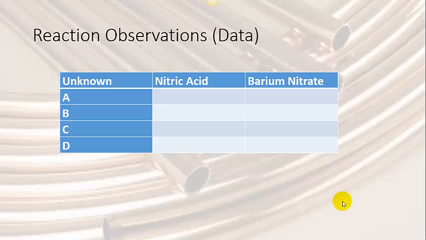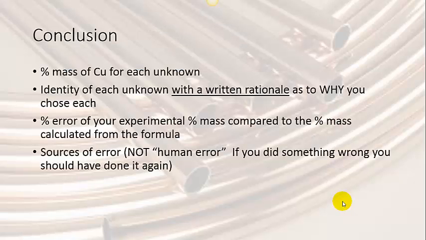You're going to be looking for bubbles and you're going to be looking for precipitates. From those observations, you can then determine the identities of the final 2. So your conclusion should include the percent mass of copper for each of the unknowns, the identity of each of the unknowns, with a written rationale as to why you chose each one.